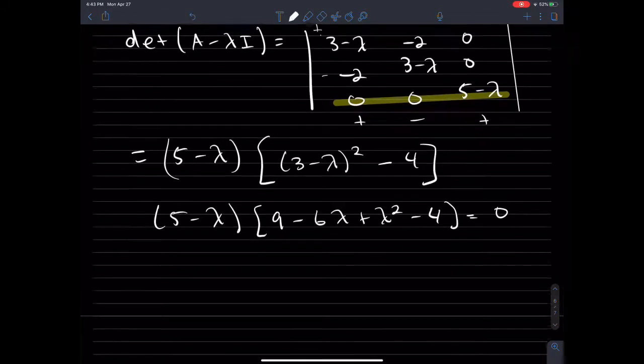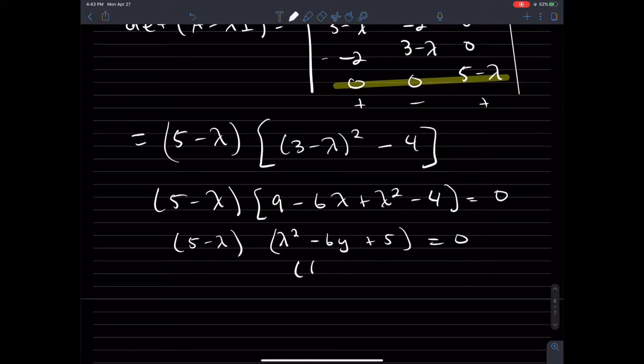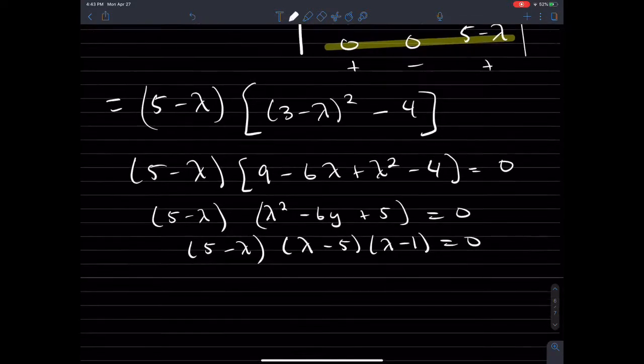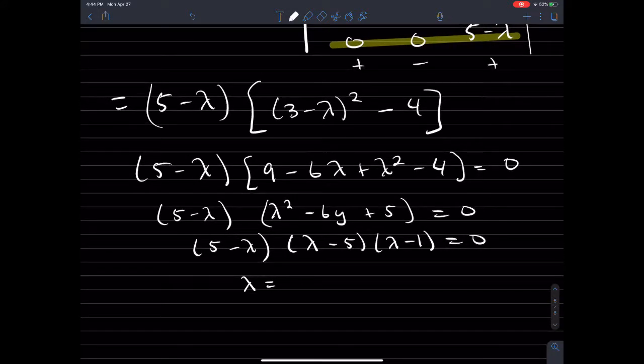There's my characteristic equation. Lambda squared minus 6 lambda plus 5 equals 0. And so I actually get 1 and 5.